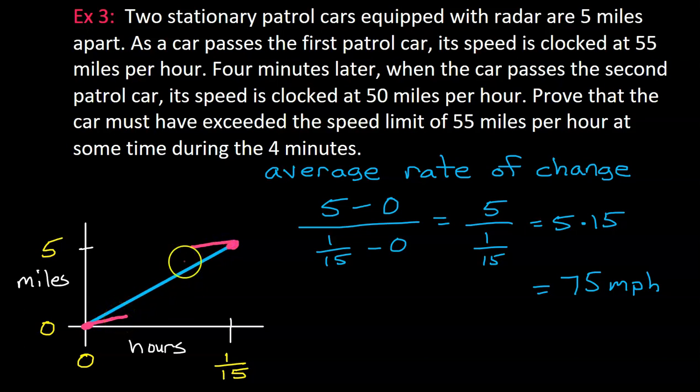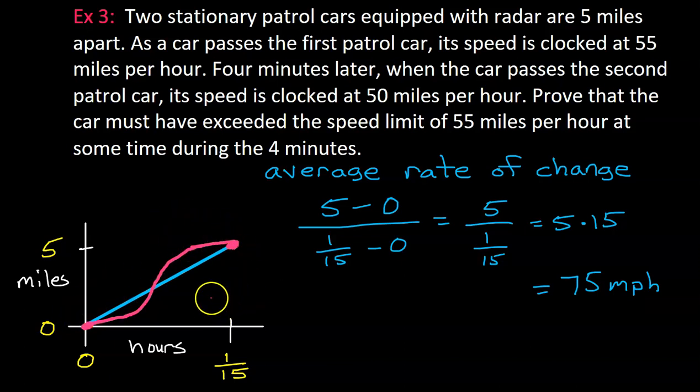So if we connect this up, the actual position function of the car might look something more like this. We don't have an equation or anything, so we don't know exactly how it goes, but this is the idea.